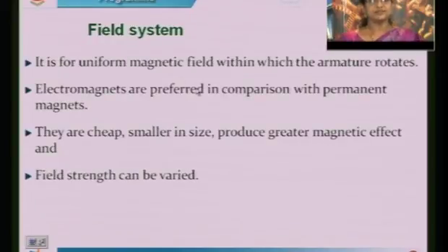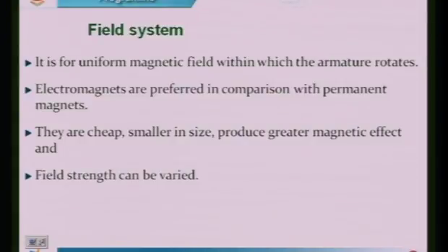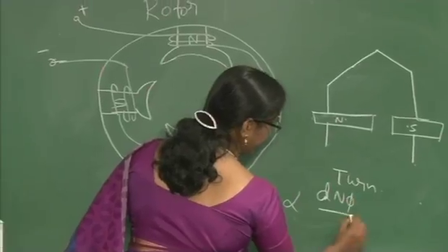The field system is for uniform magnetic field within which the armature rotates. So, when the armature rotates in the magnetic field, the EMF will be induced due to relative motion between the magnetic field and the armature. There is a change in flux linkages, so the EMF will be induced. The EMF induced, E, is directly proportional to rate of change of flux linkages, N d phi by dt.